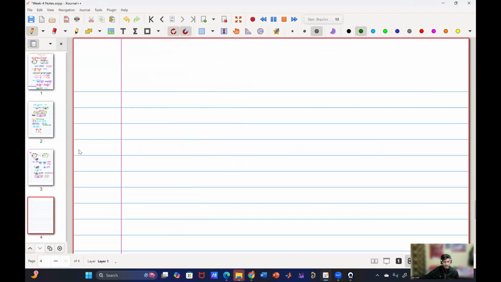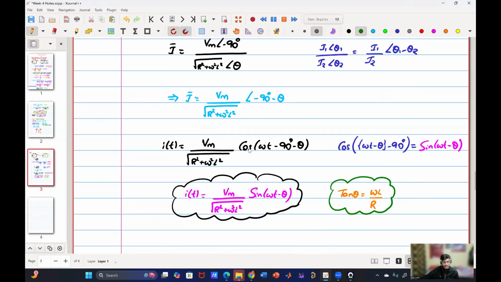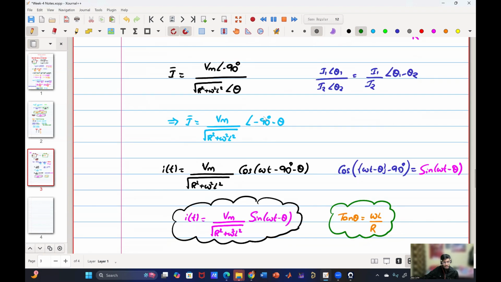Sir, I didn't understand that step. Which step? This step. Cos omega t plus theta. This one. Before that, sir. Starting from this to this, or which one? Black to blue or blue to black?